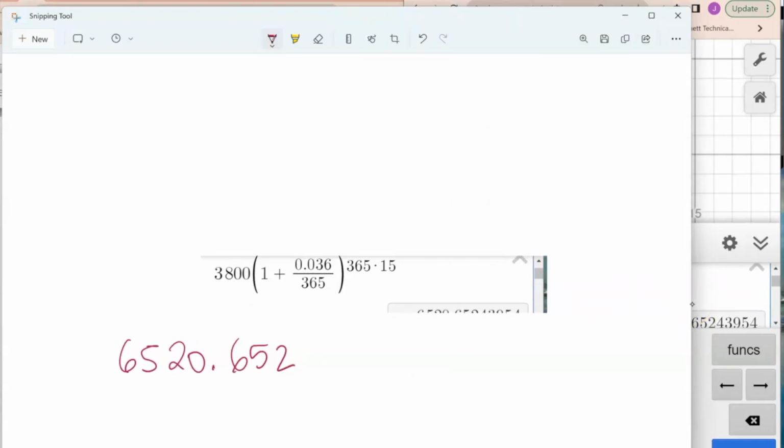Nearest $100. Again, this is your ones, your tens, your hundreds. So nearest $100, we're concerned about this number right here. We are between $6,500 and $6,600. Where is 520? Is 520 closer to 500 or is it closer to 600? So hopefully you said it's closer to 500. So that's going to be $6,500.